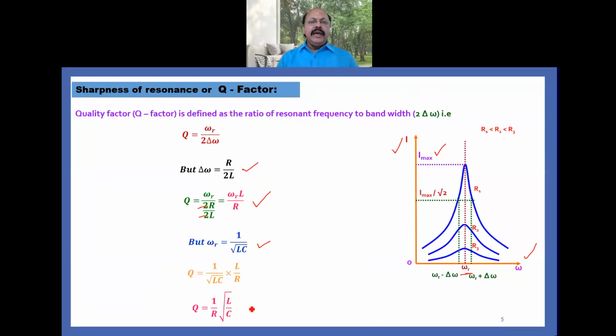Then finally you will get Q equal to 1 upon R under root L upon C. So the quality factor of a resonance circuit depends on all three elements of the circuit, that is resistance R, inductor of inductance L, capacitor of capacitance C.